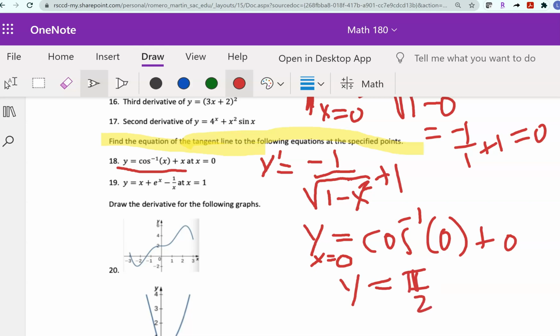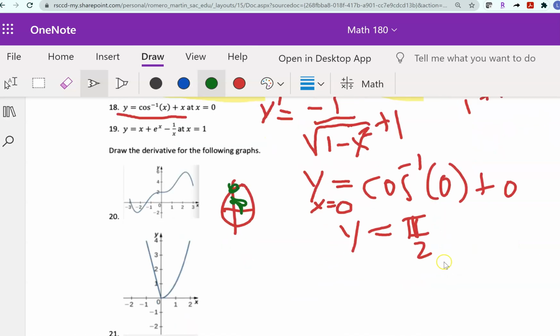When you think about your unit circle, right, cosine is 0 at 90 degrees on that unit circle. When you rotate here, your cosine equals 0 here, up here at top, sorry, it's sloppy, pi over 2. And so now we have the y value. So we're looking for the equation of the tangent line at 0, comma pi over 2.